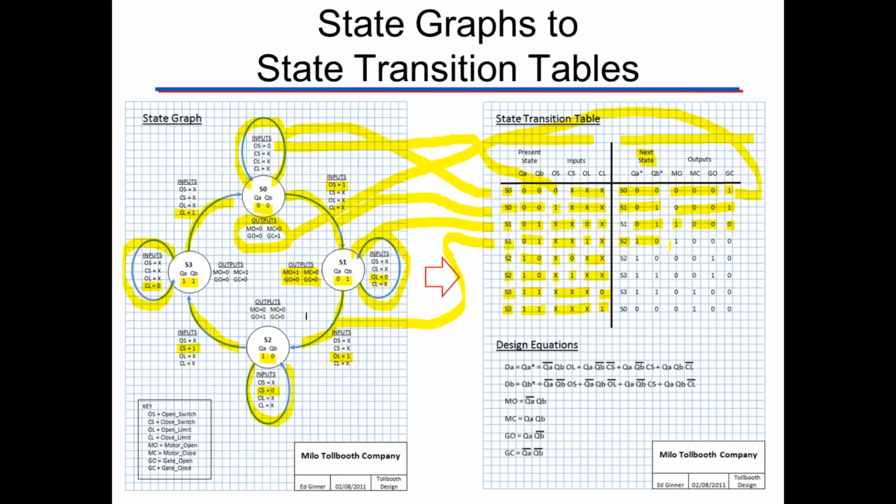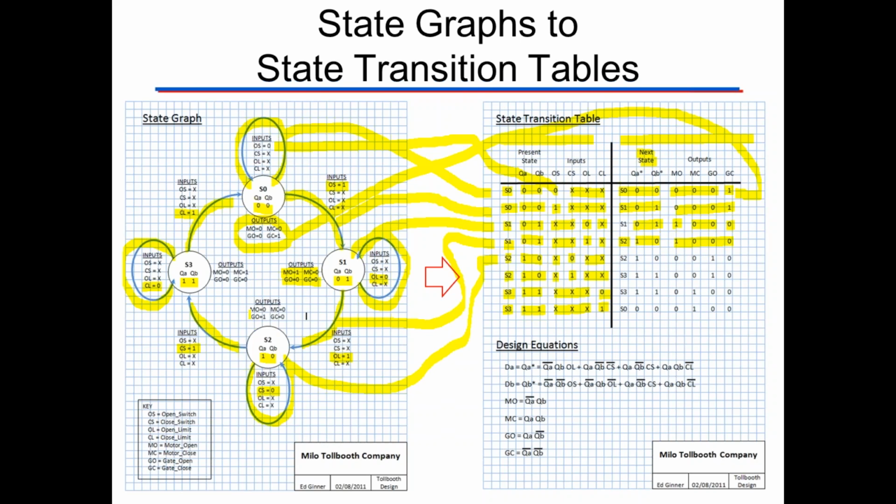And our outputs aren't going to change because we're on this transition arc. They stay the same as the previous row, so we just leave those the same. And then all of a sudden, boom, we're in state 2. We're in the full-fledged state 2 right there now.